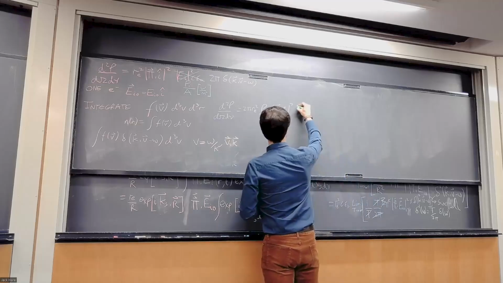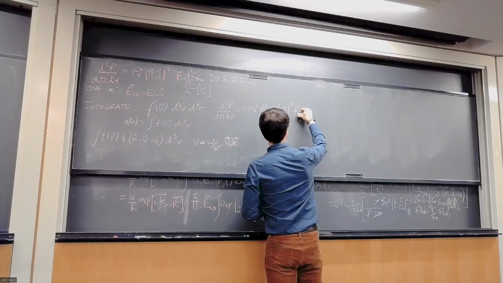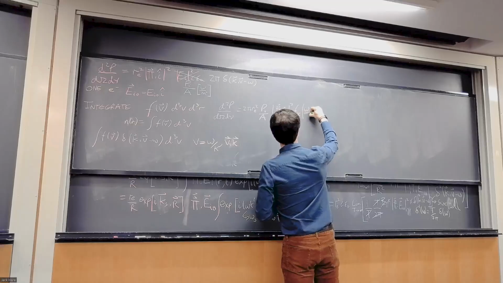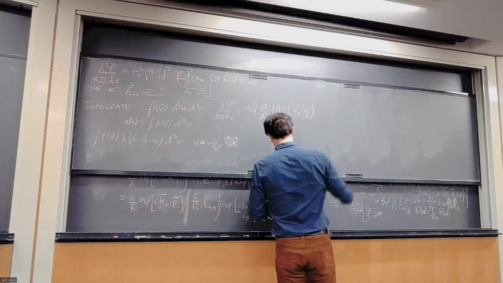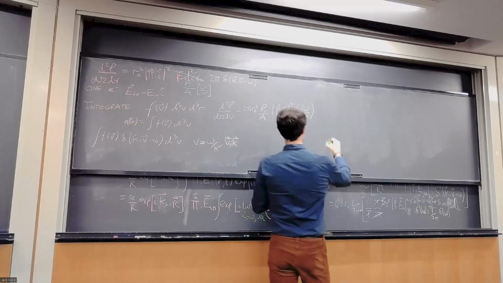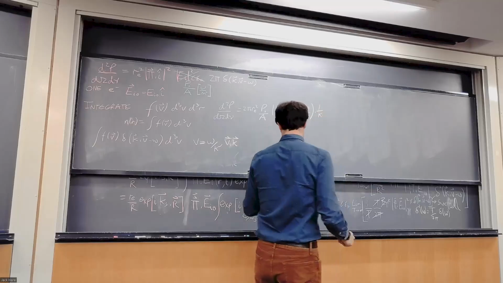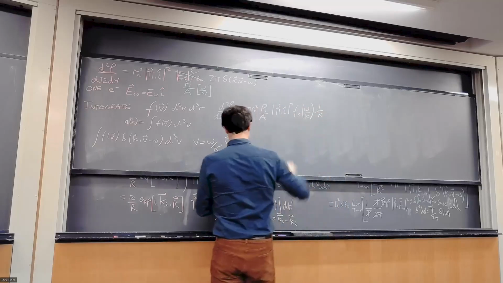As opposed to having the full distribution function, we now have a distribution function f sub k evaluated at omega upon k, and then there's also a factor of 1 upon k out the front. So let me unpack some of these bits.